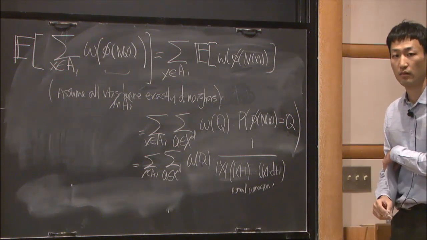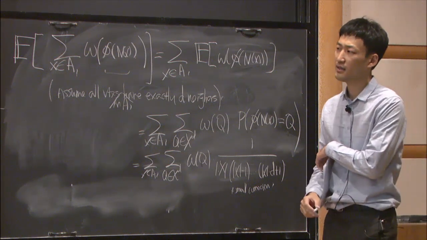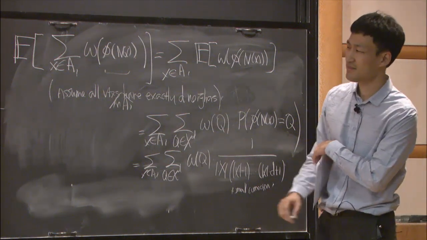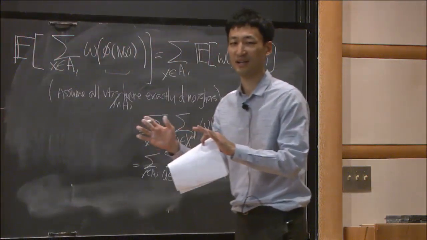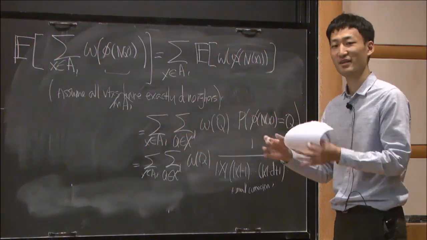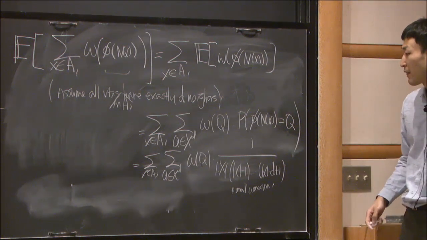Why do you use D tuples and not sets of size D? It just made my computation easier because otherwise I have to write X choose D here and everything. There is a choice, but each choice has different sorts of complications coming, and you have to sort it out at one point.